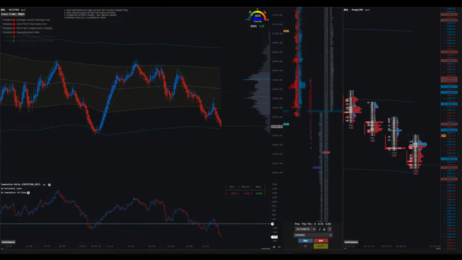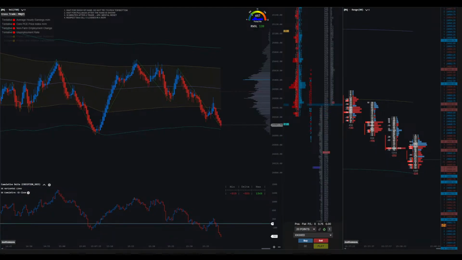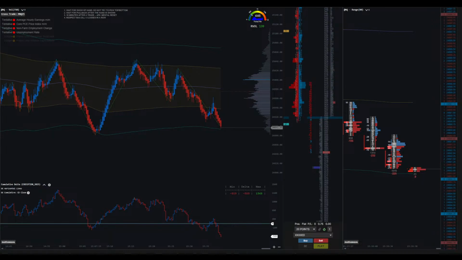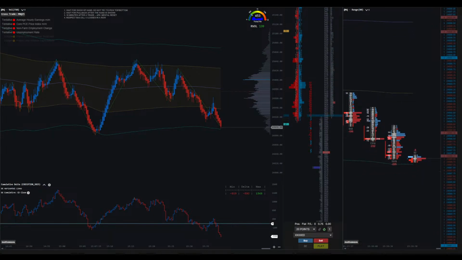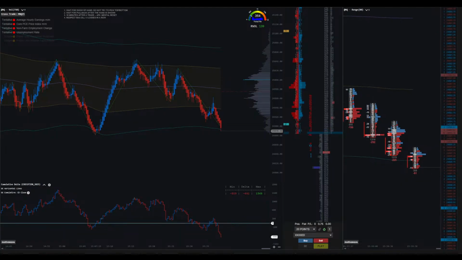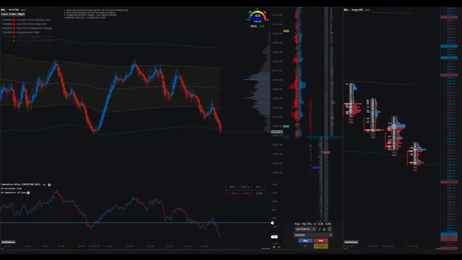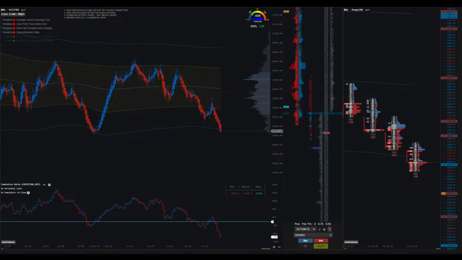Big sell. NQ, minus 2 touch. Aggressive.